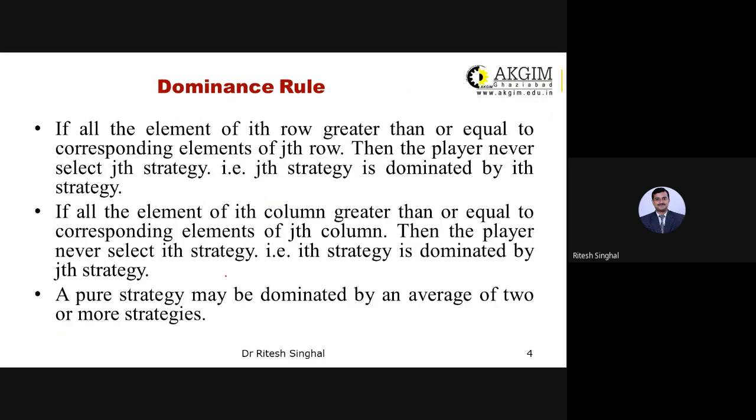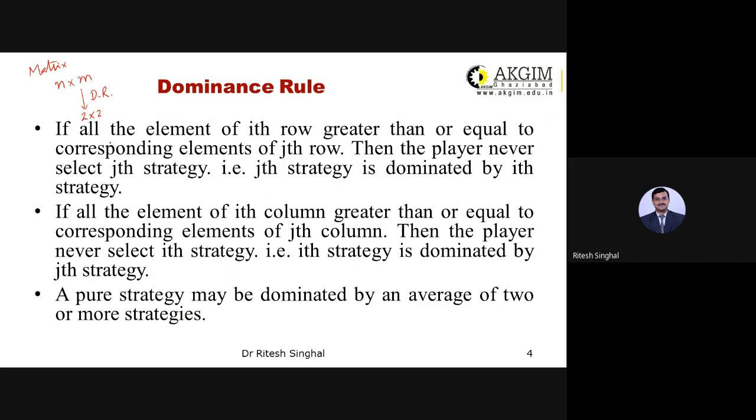Before solving this mixed strategy game, we should understand that if we have a payoff matrix of a game of size n by m, in that case, first we reduce this matrix into 2 by 2 using the dominance rule. The dominance rule usually reduces the order of the matrix from n by m to 2 by 2.